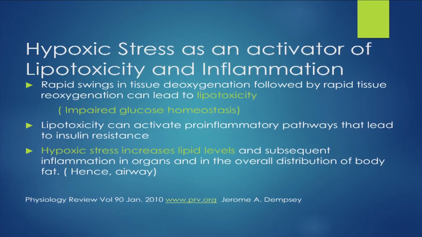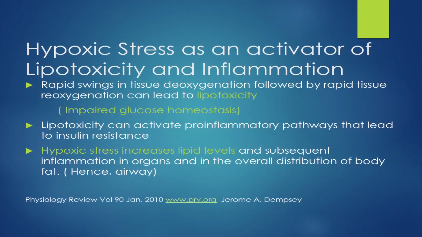This slide is a little wordy, but it discusses the fact that OSA leads to hypoxic stress. Hypoxic stress is an activator of lipotoxicity and inflammation. During sleep-disordered breathing at night, or when the patient's sleeping, there are rapid swings in deoxygenation, and then there's reoxygenation.